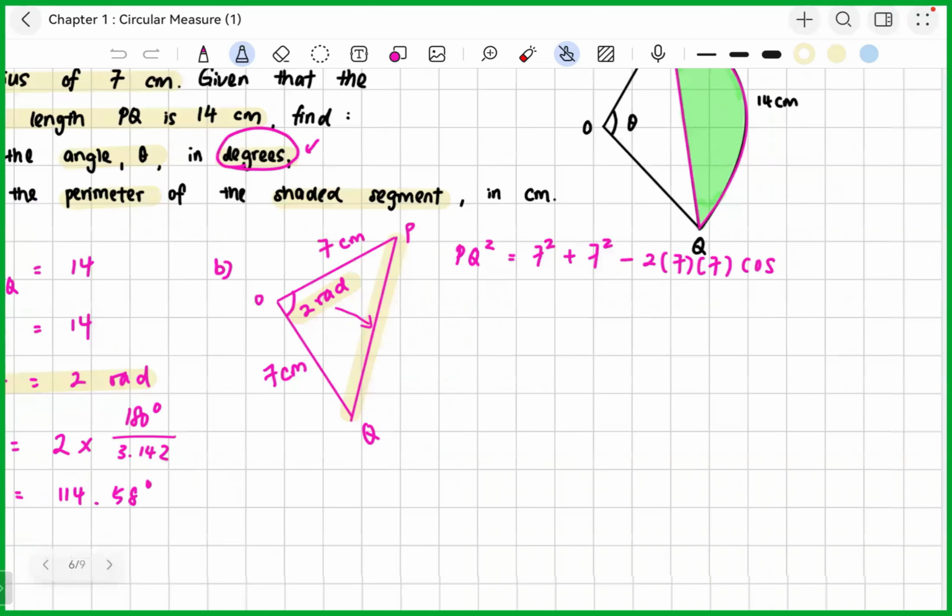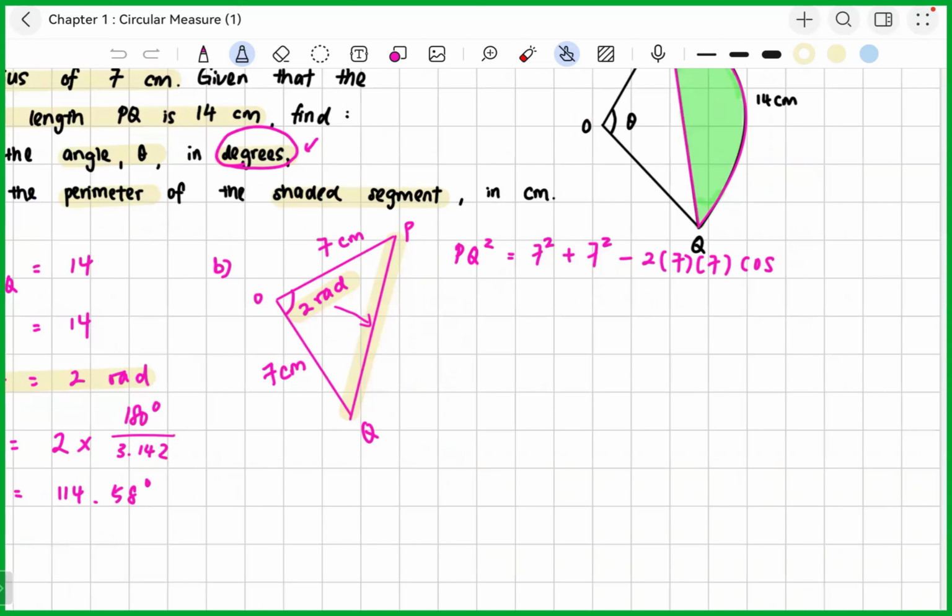So what is the degree unit? Degree unit is actually 114.58. So PQ square, you just press 7 square plus 7 square minus 2 times 7 times 7 cos 114.58.